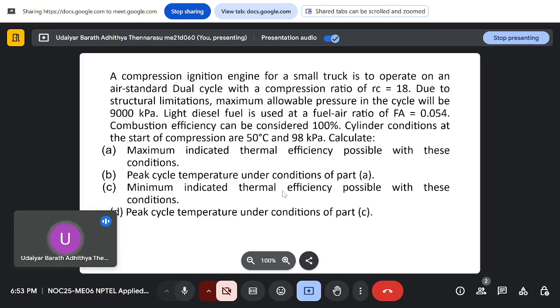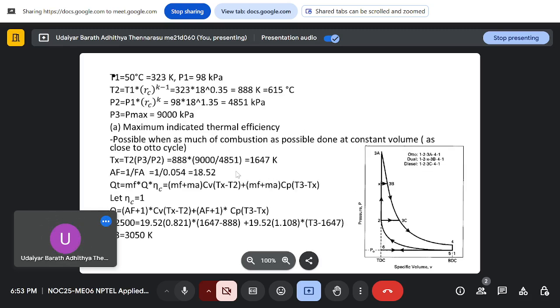B, peak cycle temperature under the conditions of part A; C, minimum indicated thermal efficiency possible with these conditions; and D, peak cycle temperature under the condition of part C. So we need to find out the maximum and minimum indicated thermal efficiency and the peak temperature for both cases.